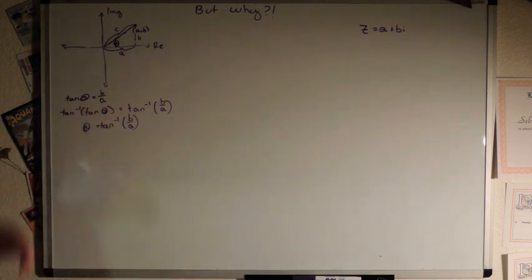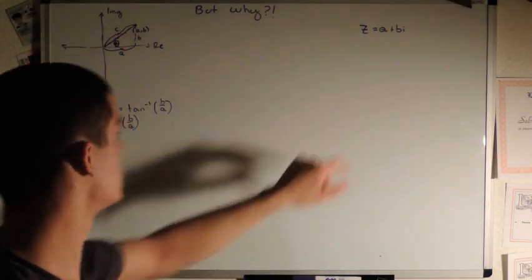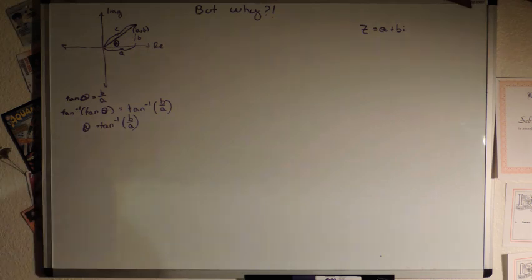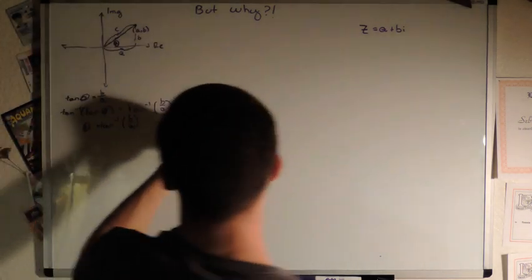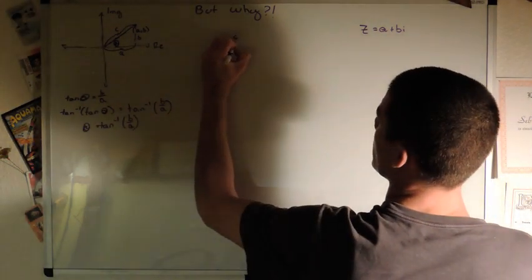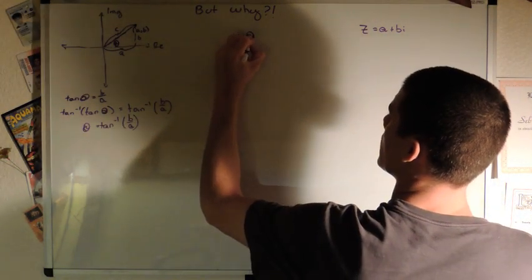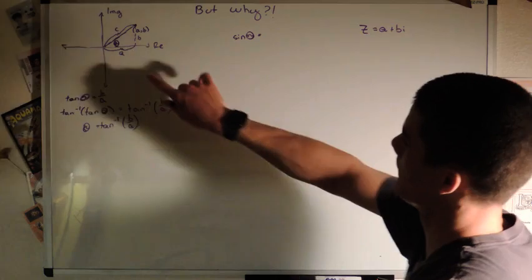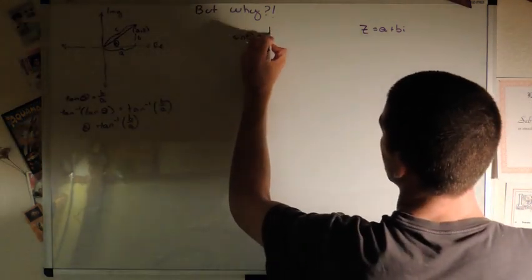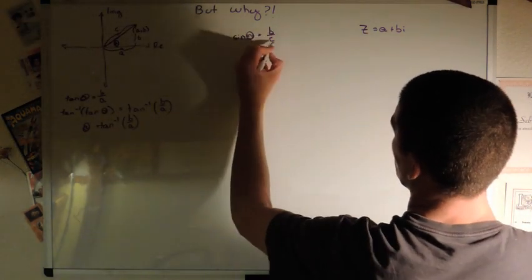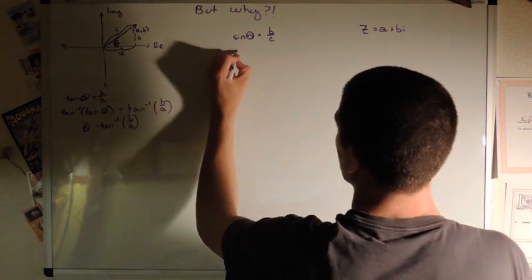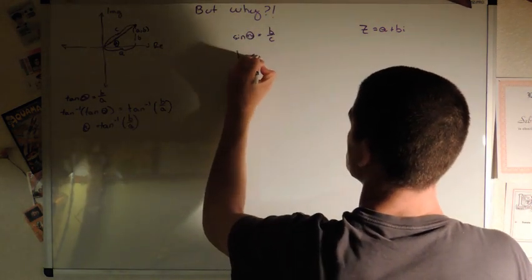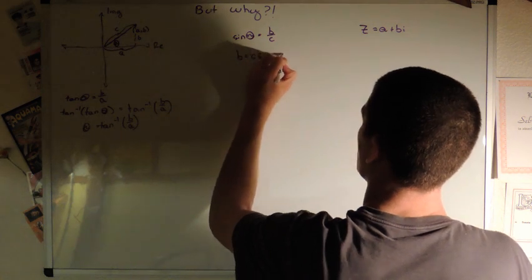Now I'm going to try to express z in terms of theta and c. The sine of theta is equal to b over c. Solving for b, b is going to equal c sine theta.